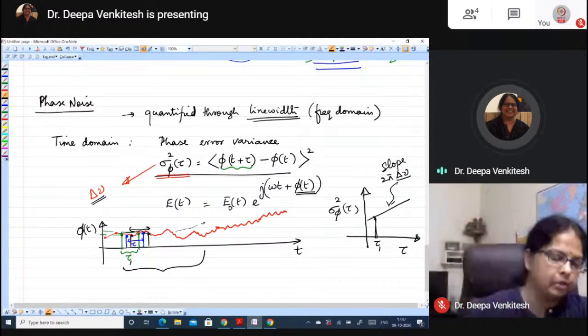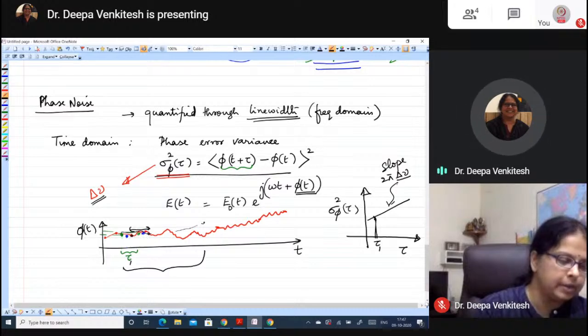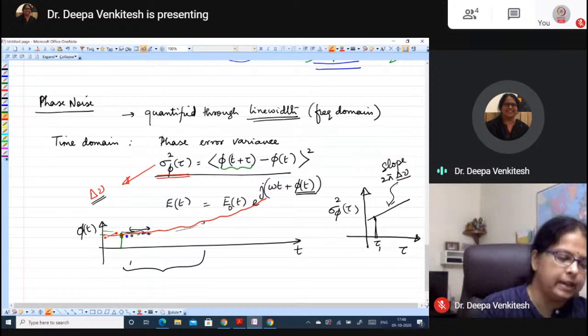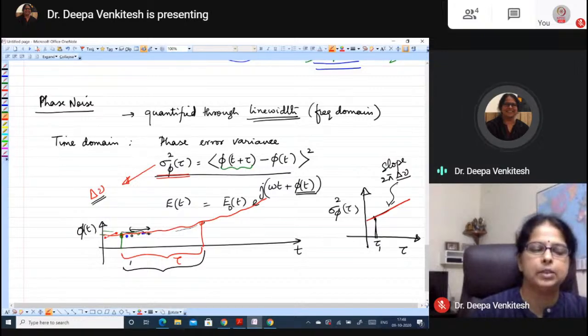It will keep drifting, which means if you take larger and larger tau values, the variance goes on increasing. That's what you're seeing in this plot.